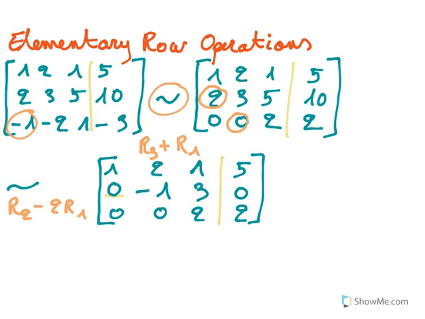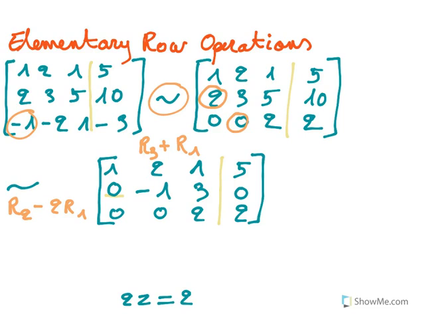Now, to see why this is actually convenient, what we just did, we can write this as a system of linear equations. On the third row, we have 0, 0, 2, and then another 2. So this actually says 0 times x plus 0 times y plus 2 times z equals 2, or 2 times z equals 2. So that's the third row.